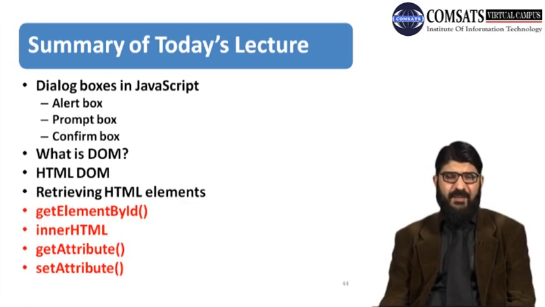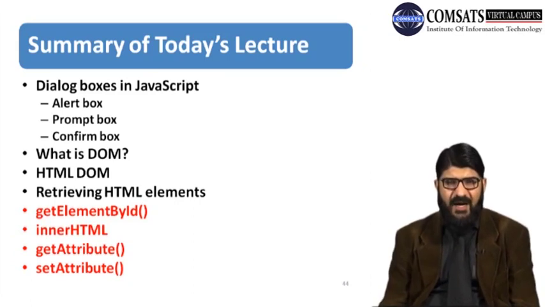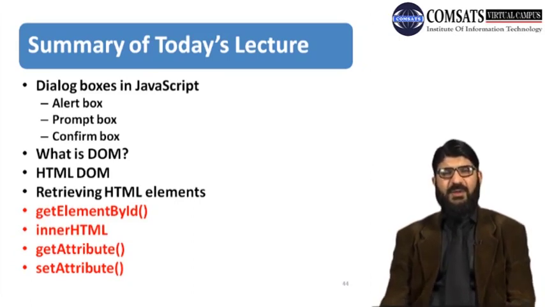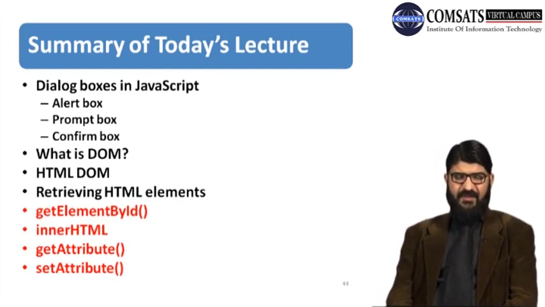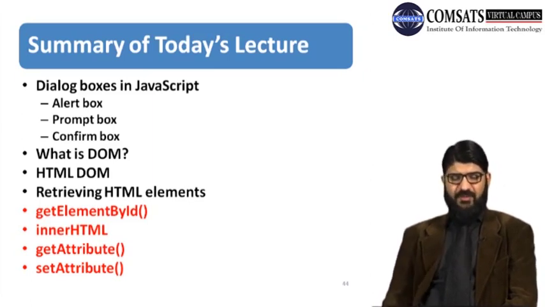Here we have seen an example of an image which is first accessed by getElementById, and then using setAttribute the height and width of that particular image is set. So these are the different methods in which we can retrieve the HTML elements with the help of the DOM model.